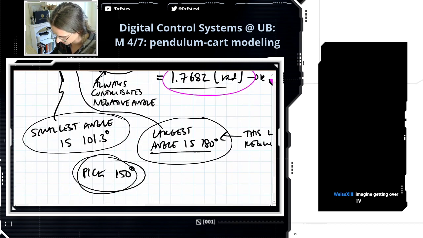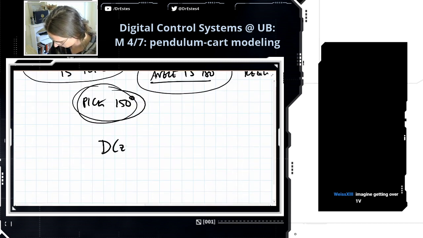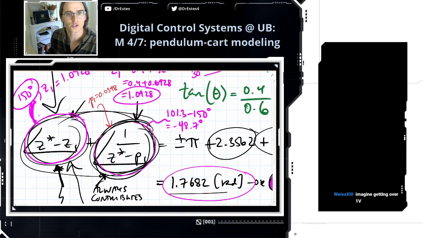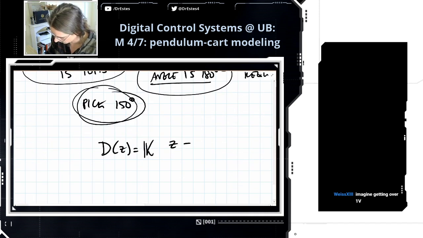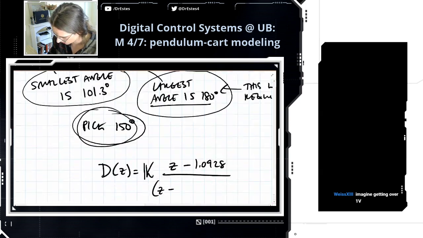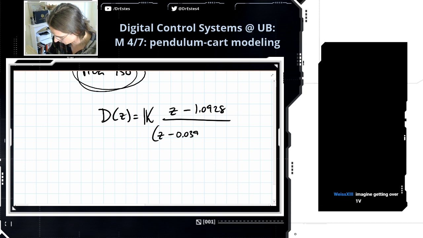I want to show you this. So D of z is a gain times z minus z1, which is 1.0928. And then I'm going to have z minus my pole, 0.0398.